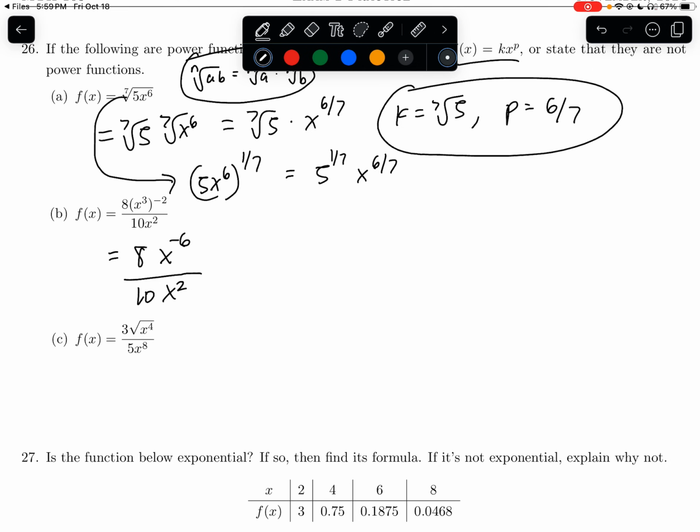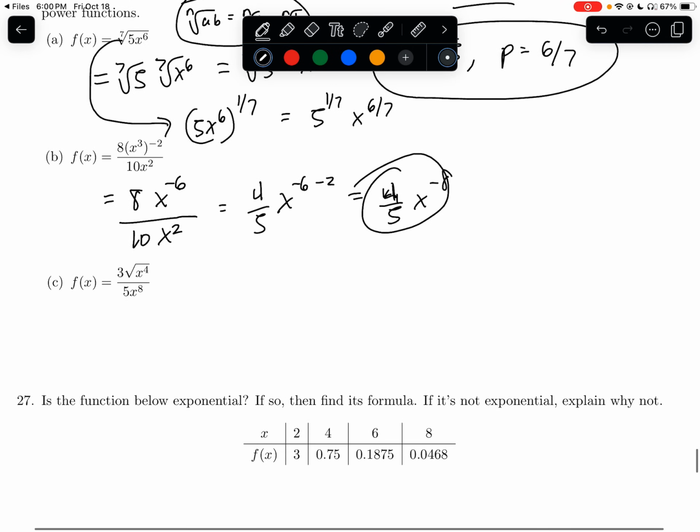And now we've gotten rid of all the parentheses. We can just subtract the exponents. We're dividing at the common base. 8 over 10 simplifies to 4/5, and this is then -6 minus 2, which is -8. And so this is 4 over 5, or 0.8, x to the -8. And this would be your standard form for that.